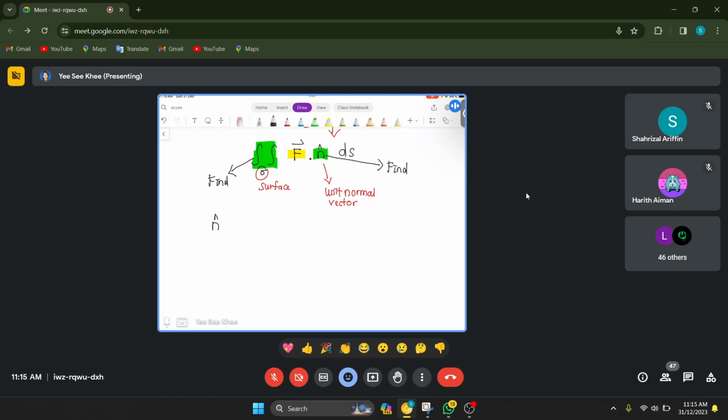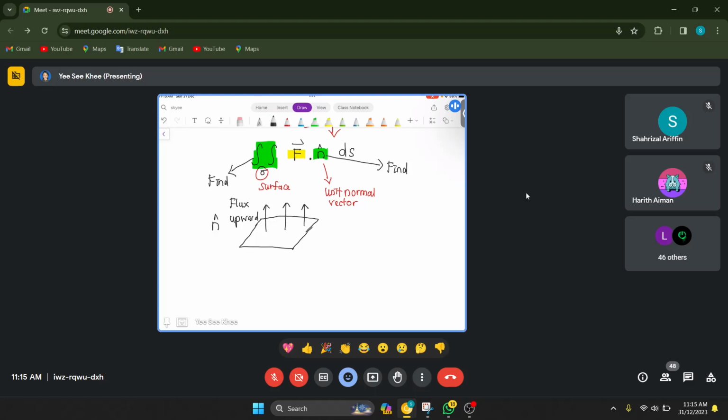Upward means, for example, you have a plane, this is one of the surfaces, and the flux is coming up in this way. This is the flux oriented upward.